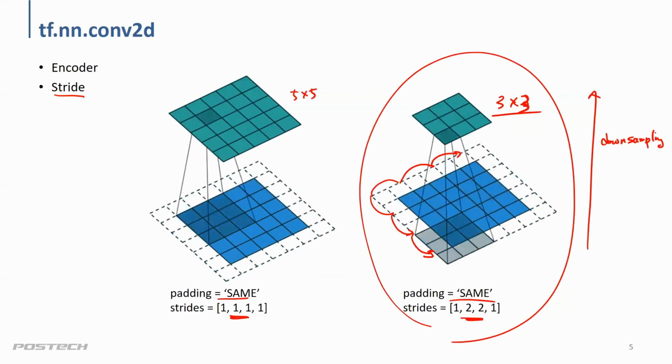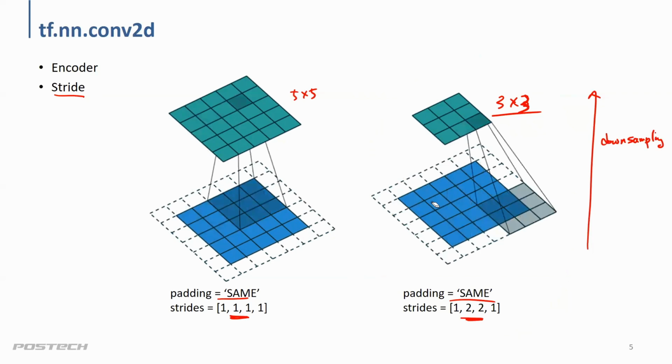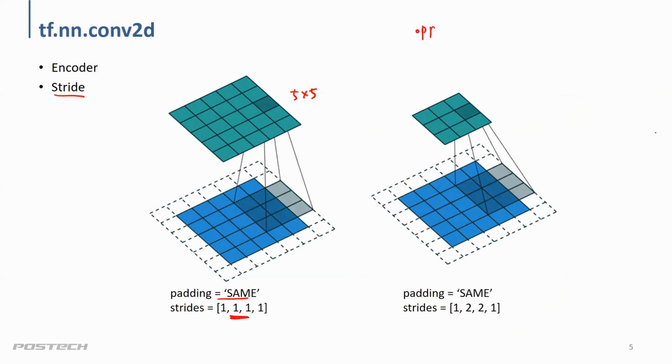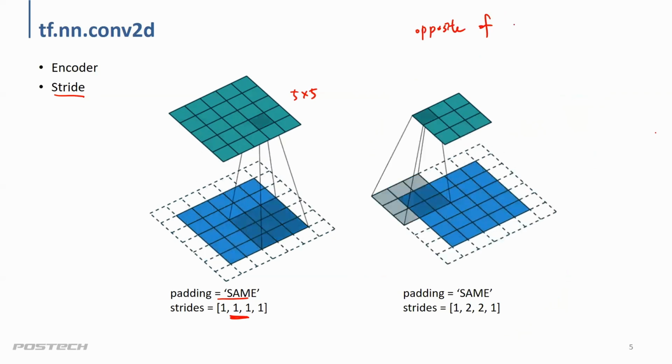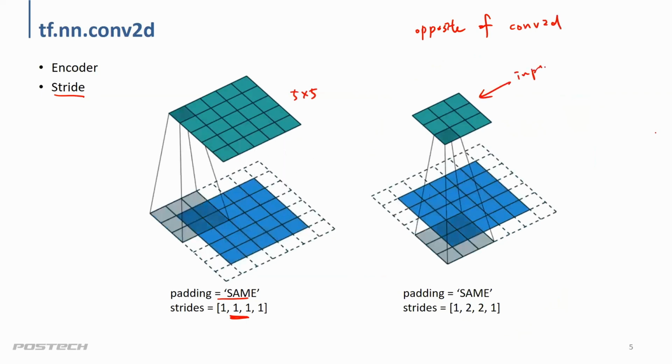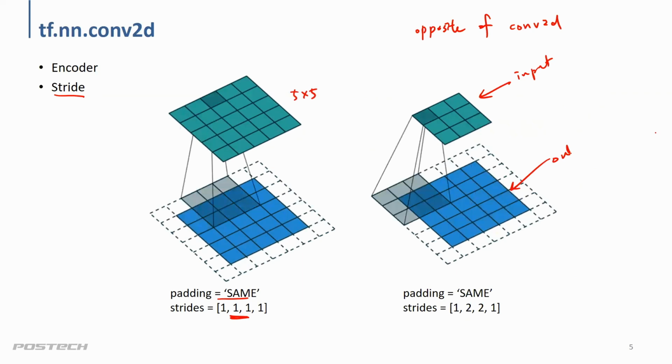Now, from this one, what we want to do is the opposite of conv 2D, right? In that case, I want something like this input and outputs.